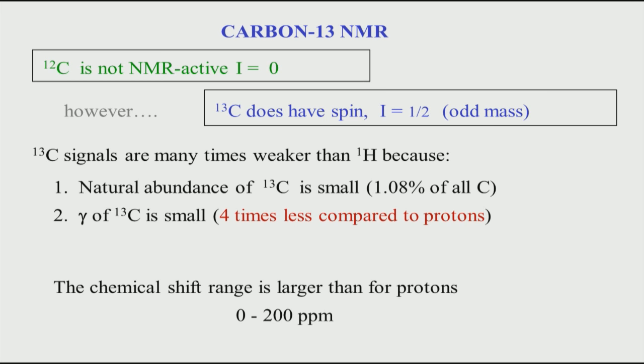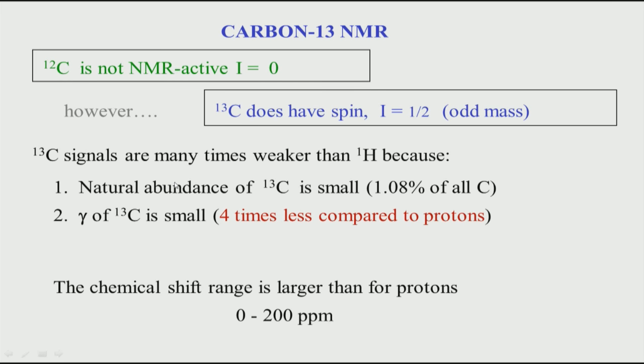So therefore you cannot do any NMR with carbon 12, but fortunately for us there is an isotope, carbon 13, which has a spin half, because the mass now becomes an odd number, and according to the rules we saw in the very beginning, carbon 13 has a spin half. The only problem is that C13 is very weak compared to hydrogens, and the reason for that is given here.